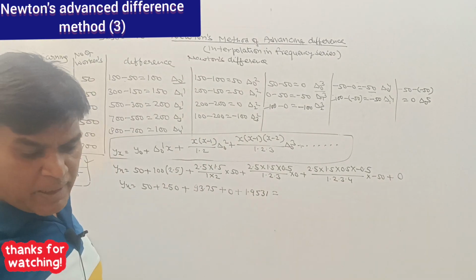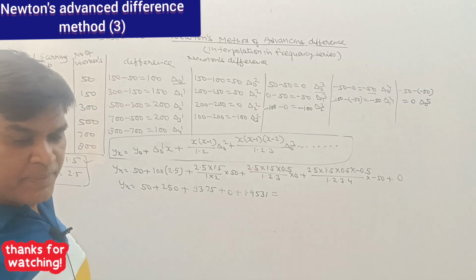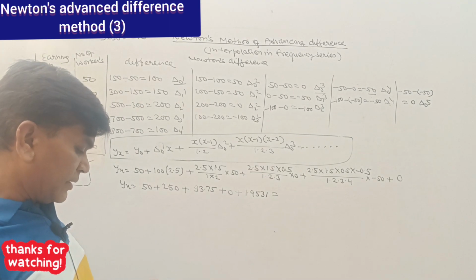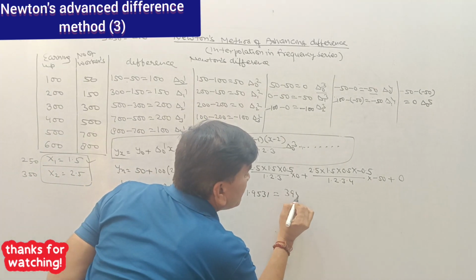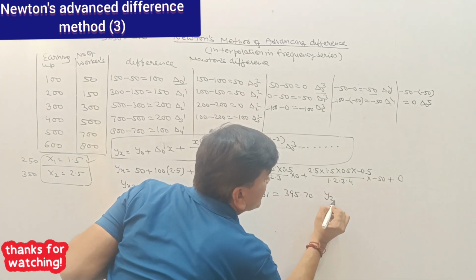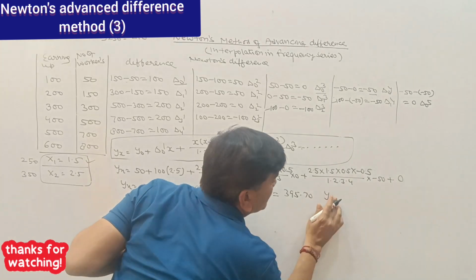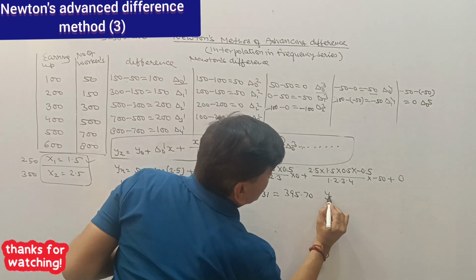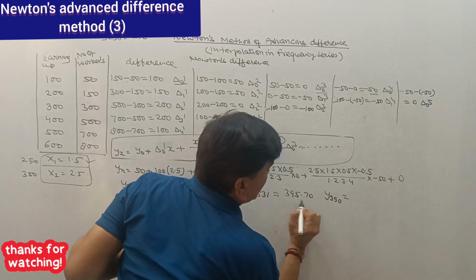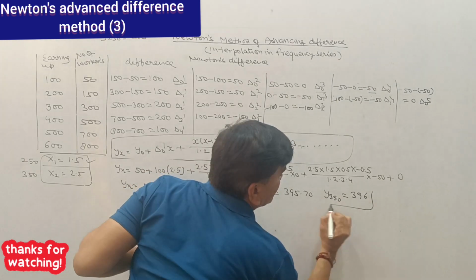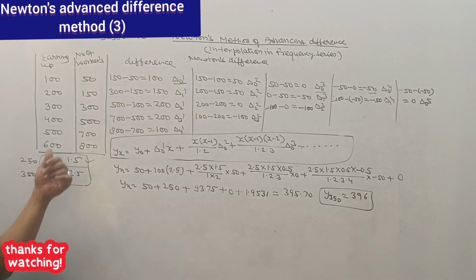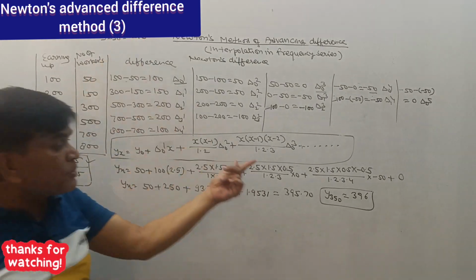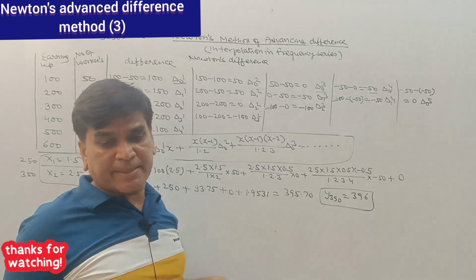So the total value of this will be 395.70, or we can write 396. So we have calculated up to 250, that is 218, and up to 350, that is 396.